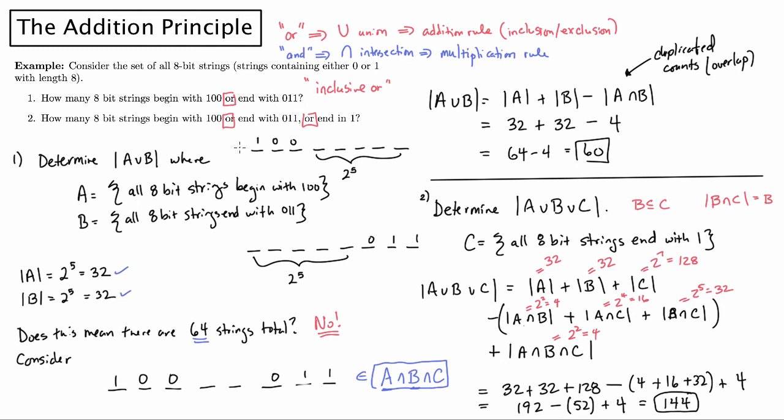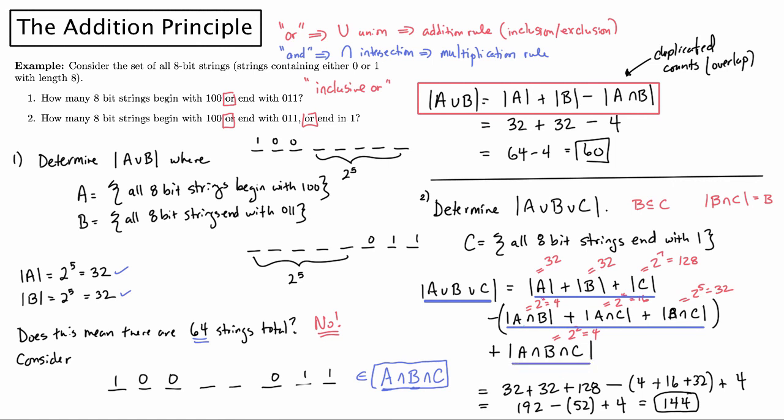So this is something called the addition principle, and I'll sort of point you to the basic formulas that are being used here. This is the addition formula for 2 elements, and then the addition formula for 3 elements is a little bit more convoluted, but it involves this piece, this piece, this piece, and this piece.